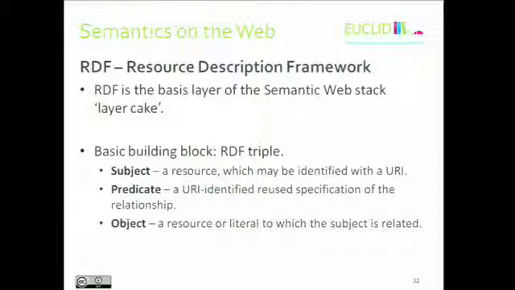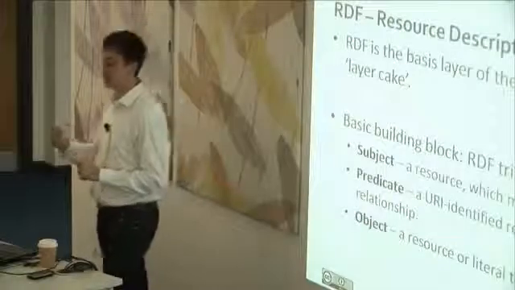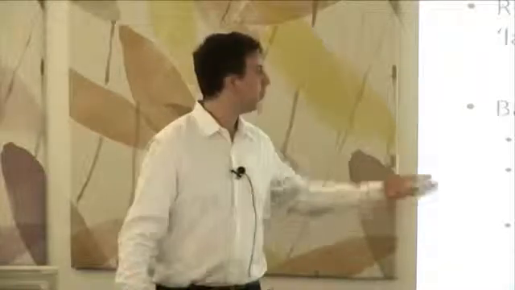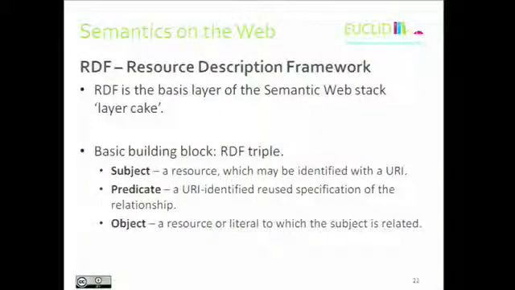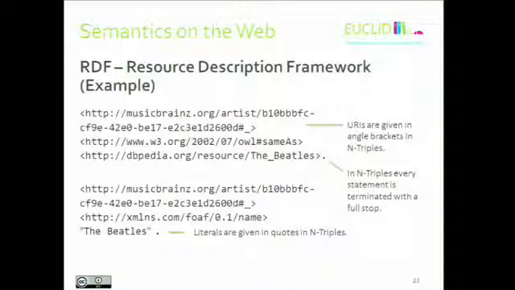We use a URI to identify the subject, we use a URI to identify the object, and we use a URI to identify what the relationship is, so what the predicate is. Now, we call each statement or assertion that we make using RDF informally a triple, because it's got these three parts always. It always has a subject, a predicate, and an object.